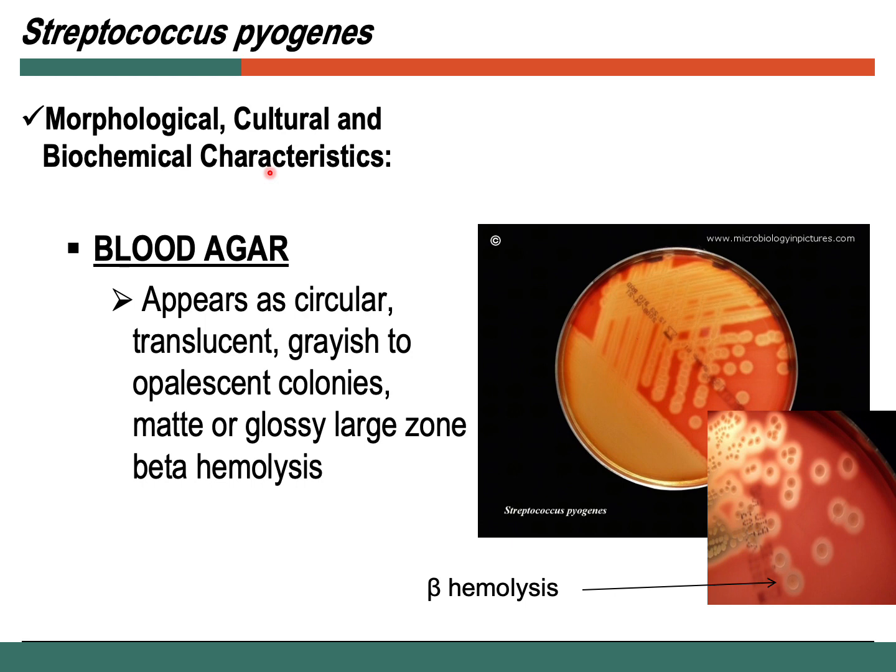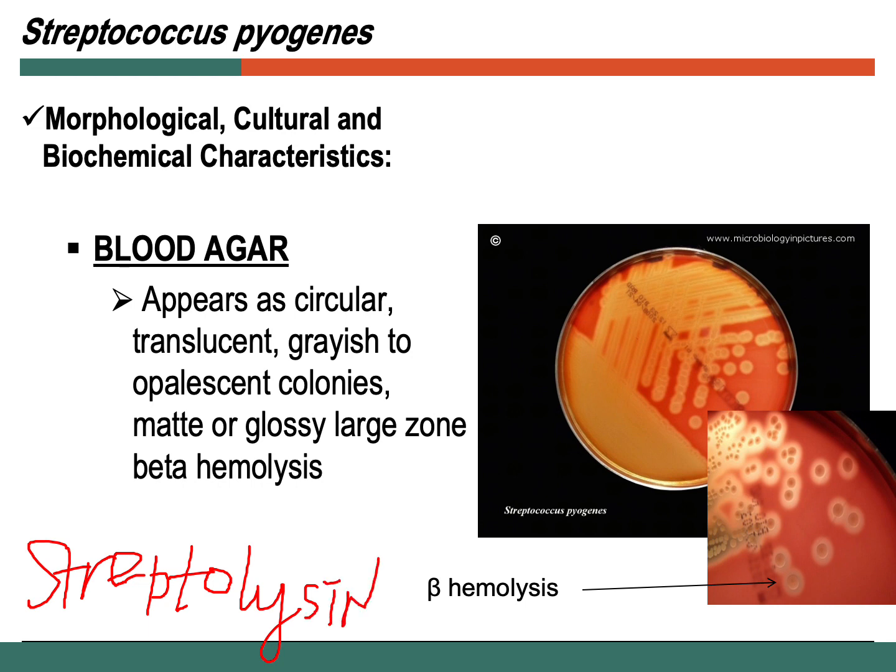The beta hemolysis is because of a certain toxin known as your streptolysin. So we'll discuss more of that as we go along. I have a slide about streptolysin later. So the cause of the beta hemolysis is the streptolysin.